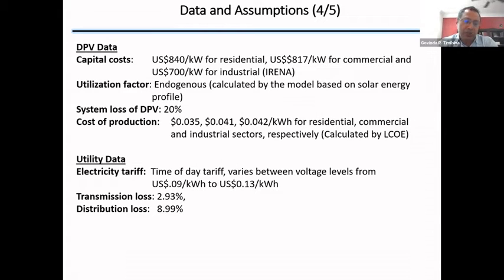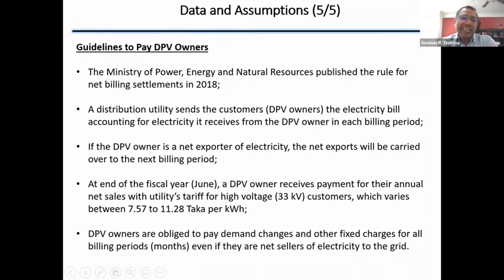The transmission loss reported by the Bangladesh Power Development Board, BPDB, is about 3% transmission loss and 9% distribution loss, which looks a bit small, but that is what we got from the official source. Then what are the guidelines to pay DPV owners?